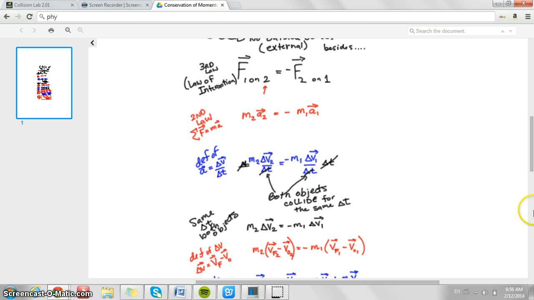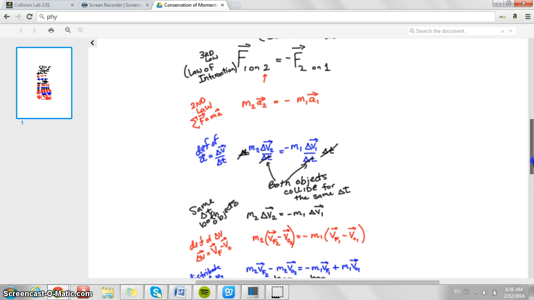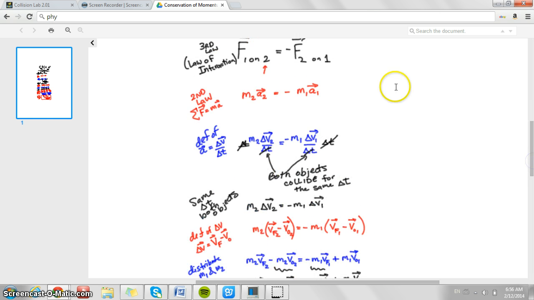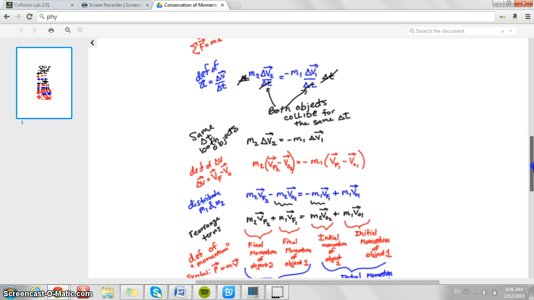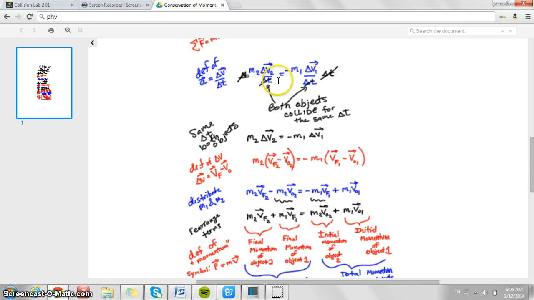They're both going in different directions, so we symbolize that by putting a negative sign, as in an opposite direction. And acceleration is also change of velocity over change in time. But for both objects, they collide at the same time, so we can just cross that out.